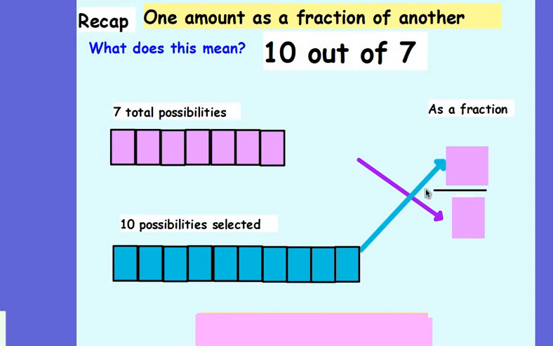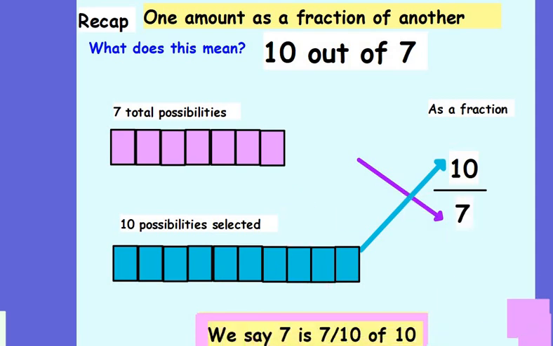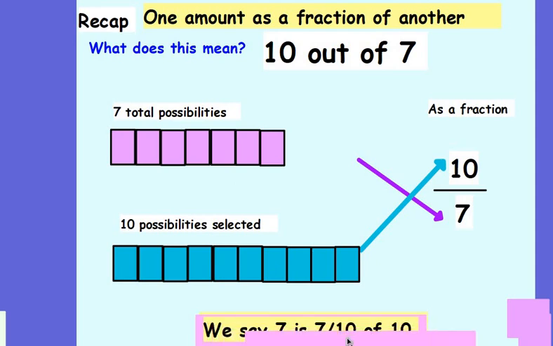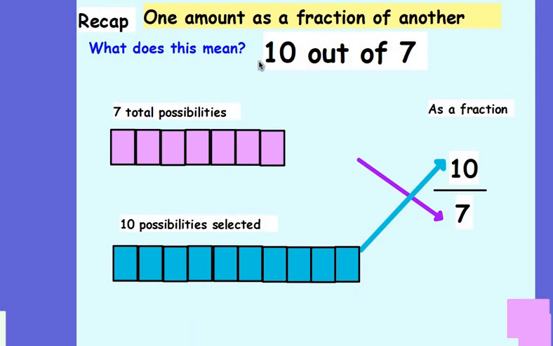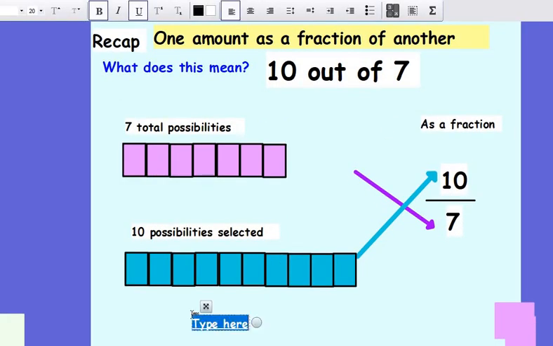So my possibilities selected was 10, that goes on the top, and the total possibilities 7 goes on the bottom. So what we say is, 10 is 10/7 of 7.